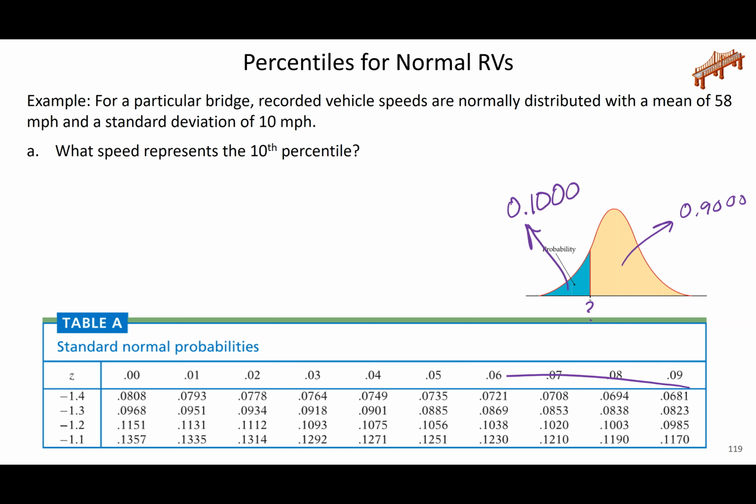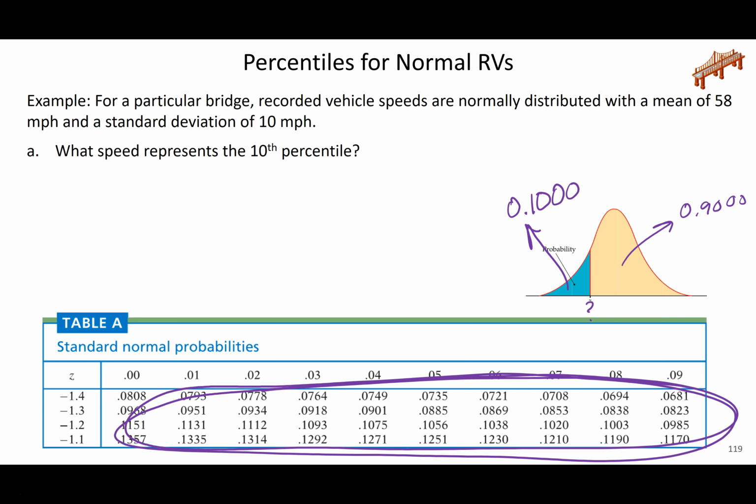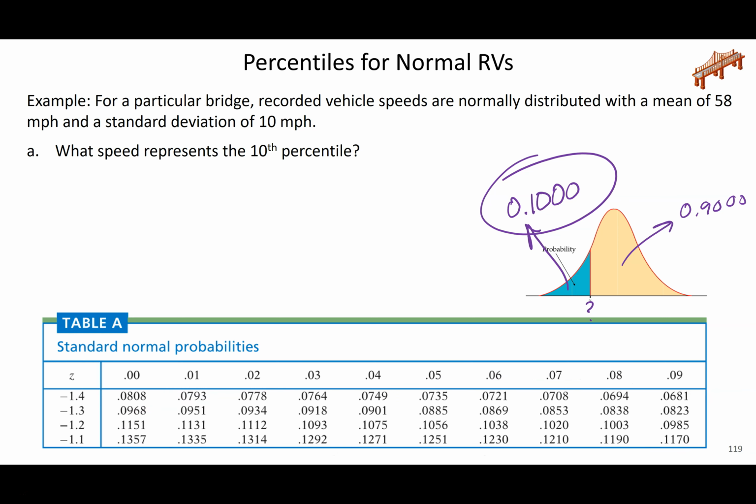So what I'm going to do first is look at the values inside. I'm going to find as close to 0.10 as I can get, and once I get there, I'm going to work outwards and find my z statistic. So looking in here, and you'll notice this is cooked up, I totally cut this table so it'd be convenient.